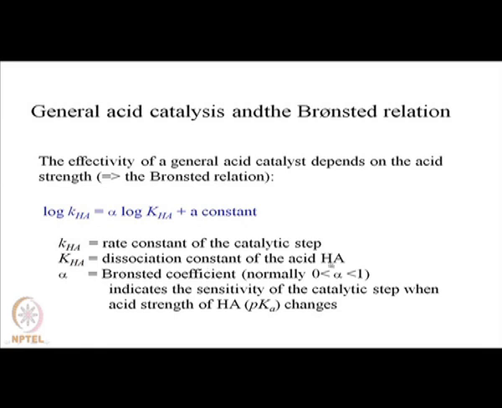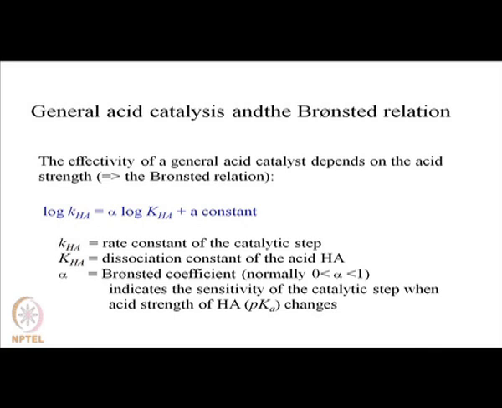KA is the dissociation constant of the acid, and alpha is the Bronsted coefficient, normally in the range of 0 to 1, that is, 0 is less than alpha is less than 1. This indicates the sensitivity of the catalytic step when the acid strength of HA, that is pK, changes.